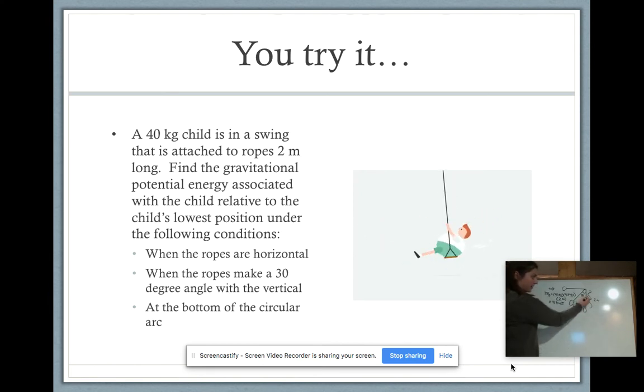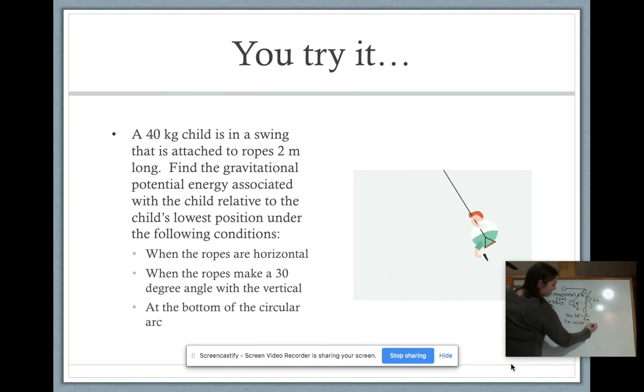So I have the adjacent side, and I know that the length of the rope is the 2 meters. So I can say that cosine of 30 degrees is going to be adjacent X over the hypotenuse, 2 meters.